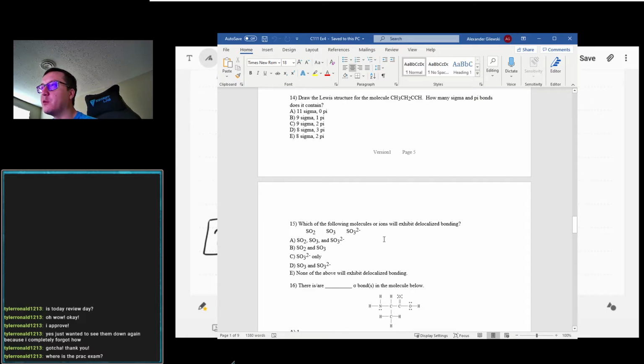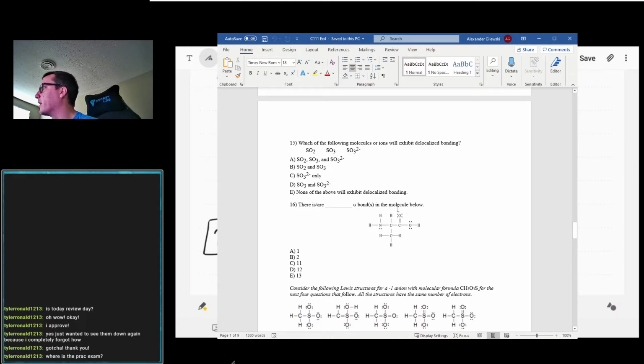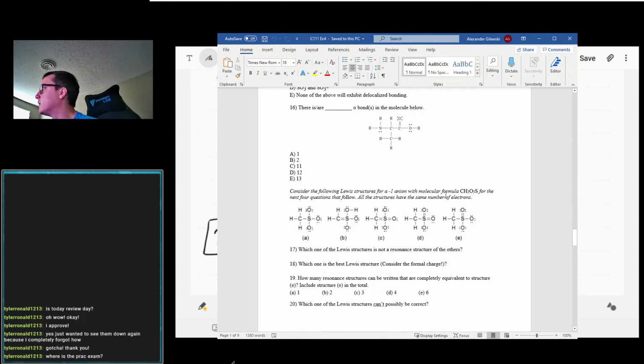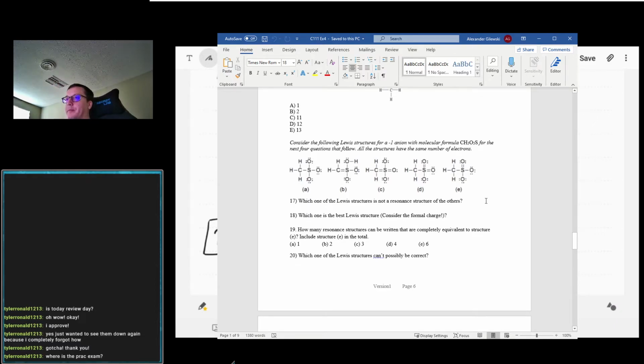So you're looking at these, which one of these will have resonance. Something about counting sigma bonds. Which one of these is not a resonance structure, you know, stuff like that. So yeah, we have plenty of fun to work on with this.